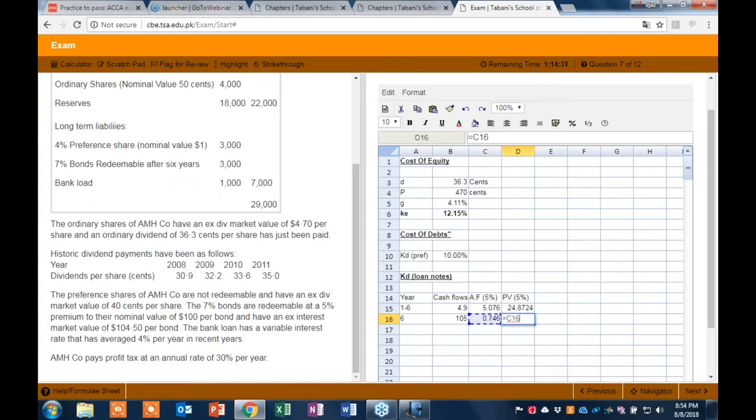Okay, let's calculate the present value. Here we go. We've got the present value, and this will be the total cash inflows, 103, and from it we'll be deducting the current market value, that is the initial investment for the investor, 104.5, in order to calculate the NPV.